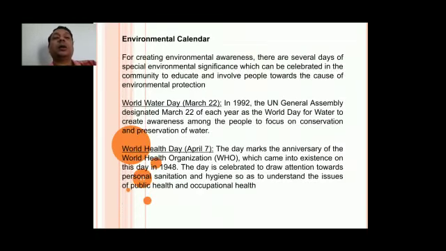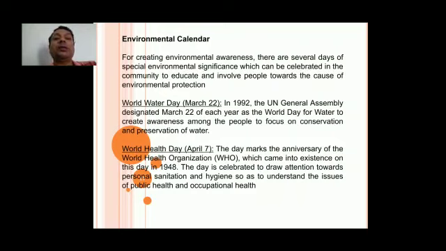Now this is all about the environment, and now we are talking about some important days known as the environmental calendar. For creating environmental awareness, there are several days of special environmental significance which can be celebrated in the community to educate and involve people towards the cause of environmental protection.